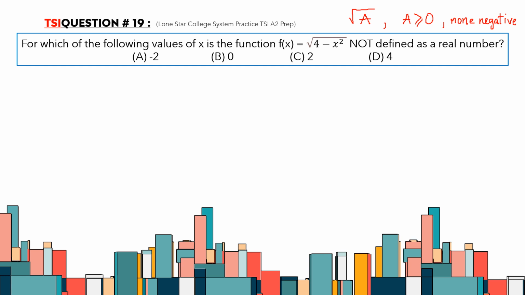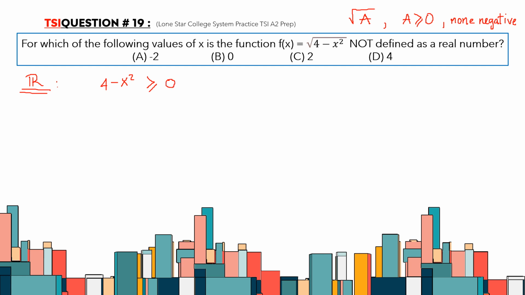We try to find which one is defined as a real number. Then the one that does not follow that interval will not be defined as a real number. So let's say this is the real number case. We will have 4 minus x squared greater than or equal to 0.